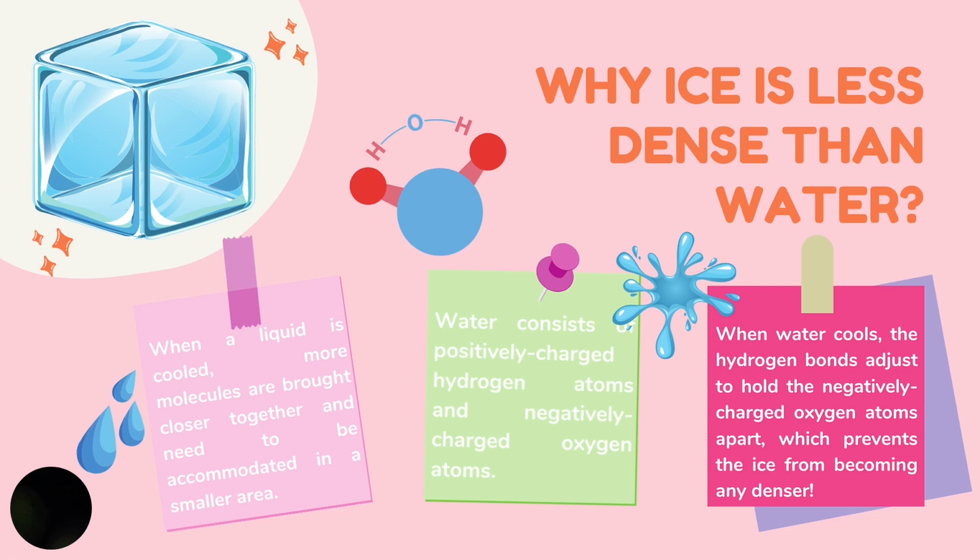Water consists of positively charged hydrogen atoms and negatively charged oxygen atoms. When water cools, the hydrogen bonds adjust to hold the negatively charged oxygen atoms apart, which prevents the ice from becoming any denser. So, for water, the density actually decreases along with a decrease in temperature, causing ice to be less dense than water.